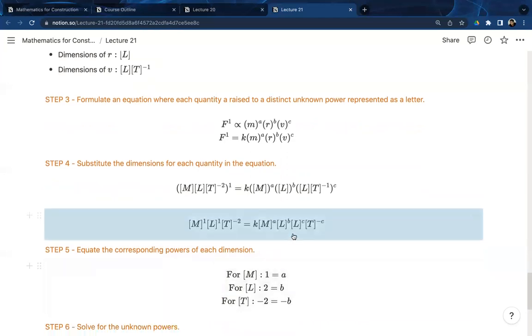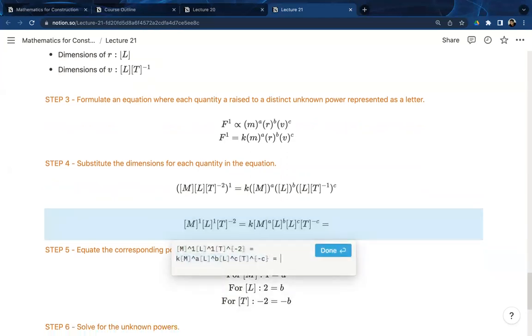So essentially, we need to combine it into single letters. So this is L to the power B plus C, right?